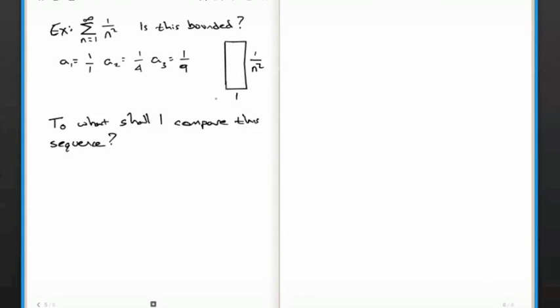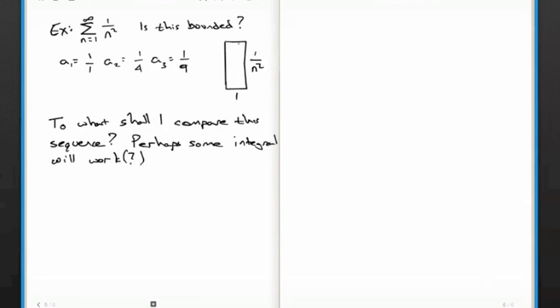Well, if I'm thinking about areas, and the reason I want to think about this in terms of area is that perhaps some integral will work. Perhaps. Put a question mark there.